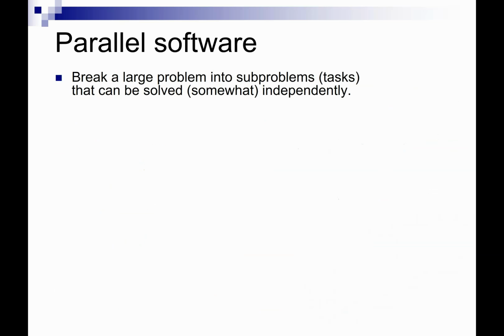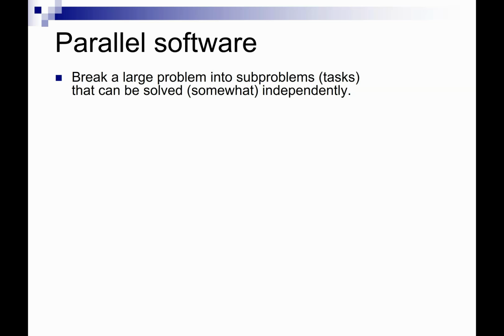If we're trying to solve a large problem using multiple processors, we first need to break the large problem into small subproblems, and then assign different processors to solve each of those subproblems. The subproblems should be somewhat independent of each other, in the sense that we can work on multiple ones of these problems at the same time. That's what independence means.